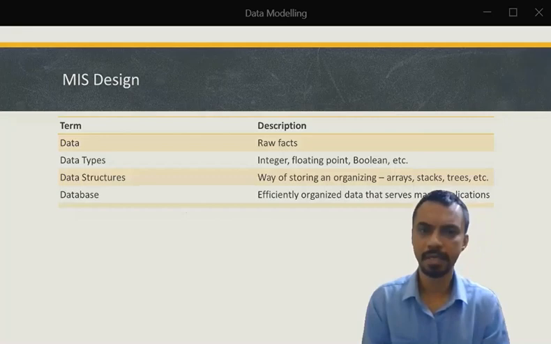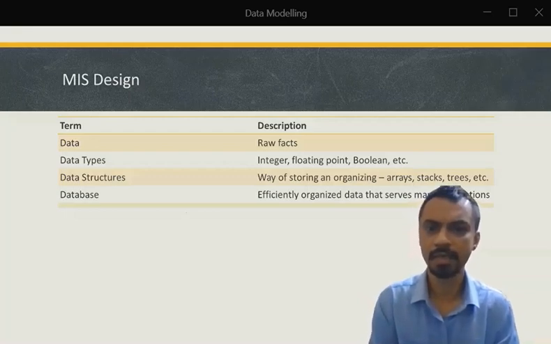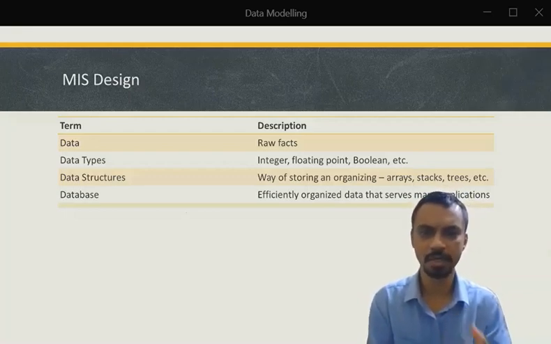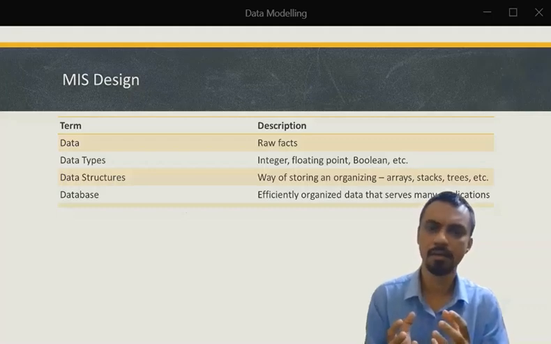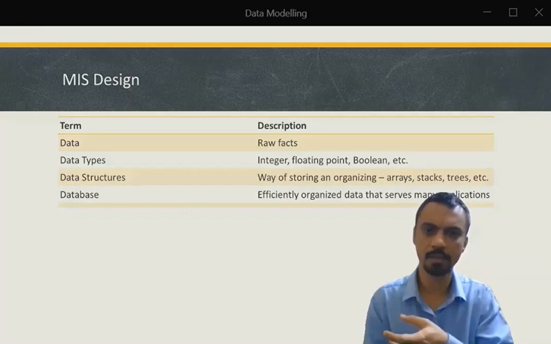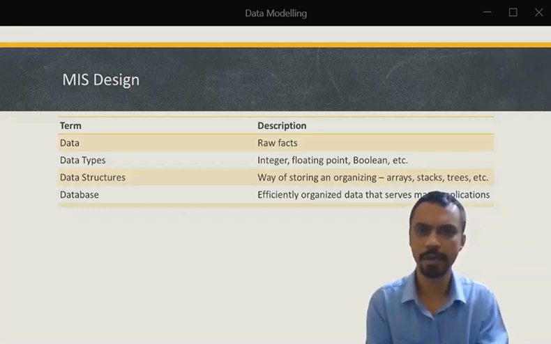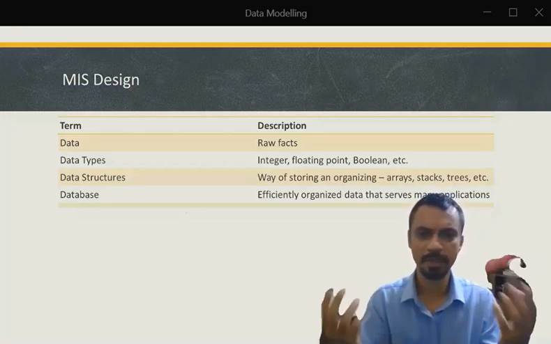Next comes the database, which stores a variety of data, and this data is organized efficiently so that it consumes the minimum space. It is easily accessible, or accessible in a fast way, and a database typically serves more than one application, multiple applications.